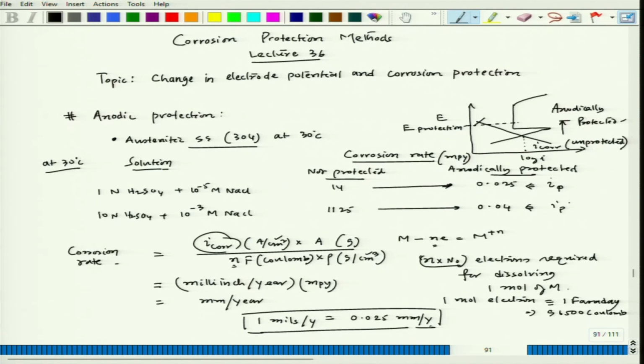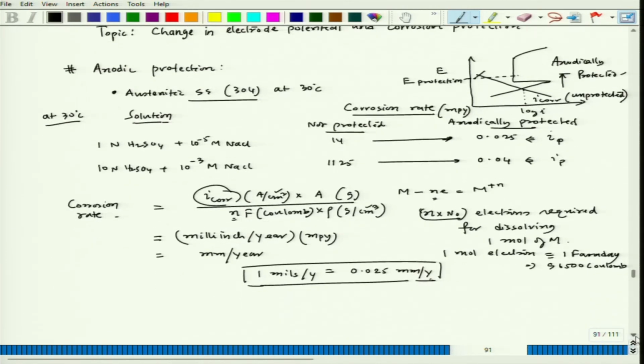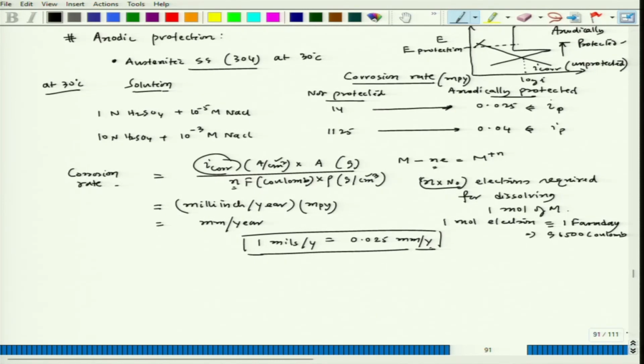We'll see a couple of data, and then we'll show that this anodic protected corrosion rate is almost equal to the corrosion rate you can calculate by putting IP in place of ICOR. Okay.